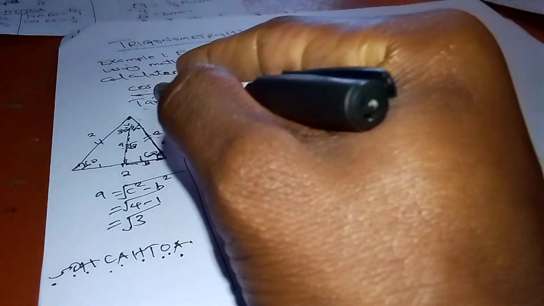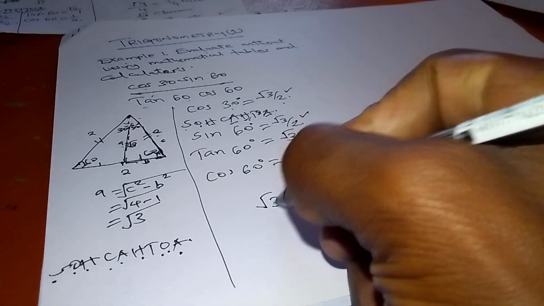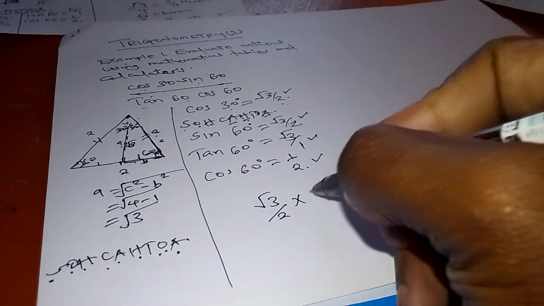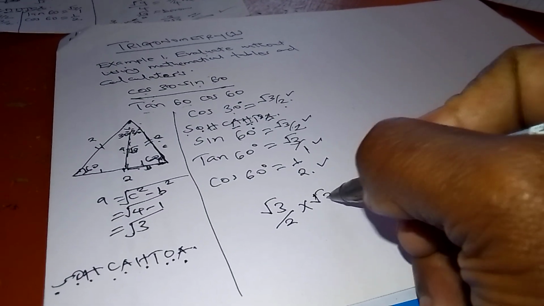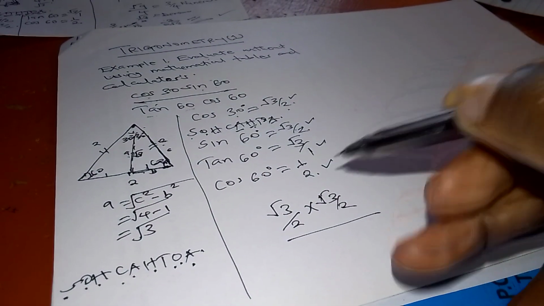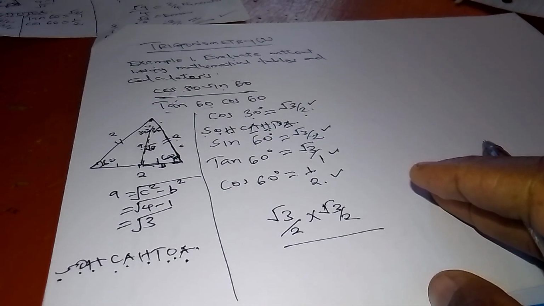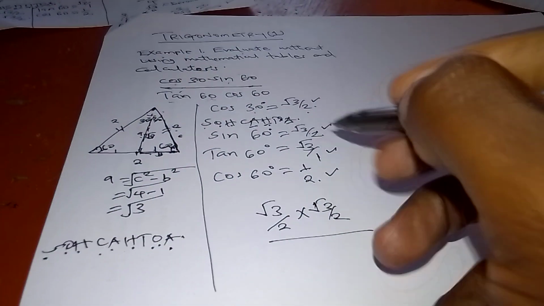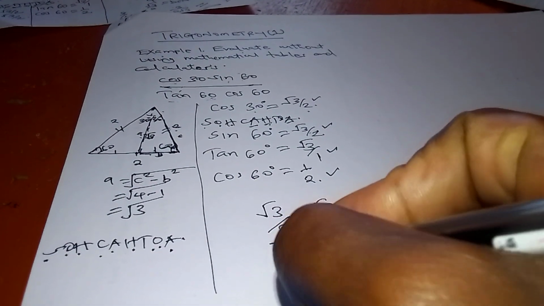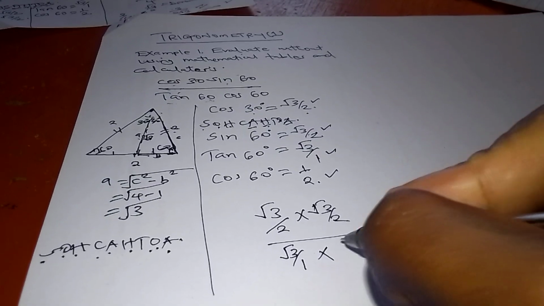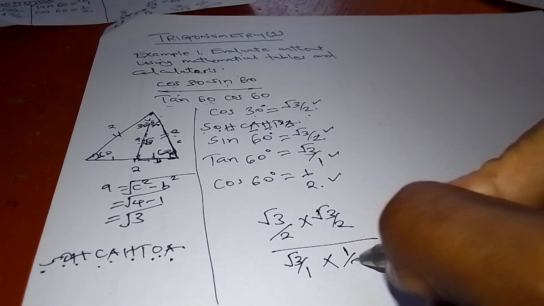Cos 30 is root 3 all over 2 times sin 60 is root 3 all over 2, all over tan 60, which is root 3 over 1, times cos 60, which is 1 all over 2.